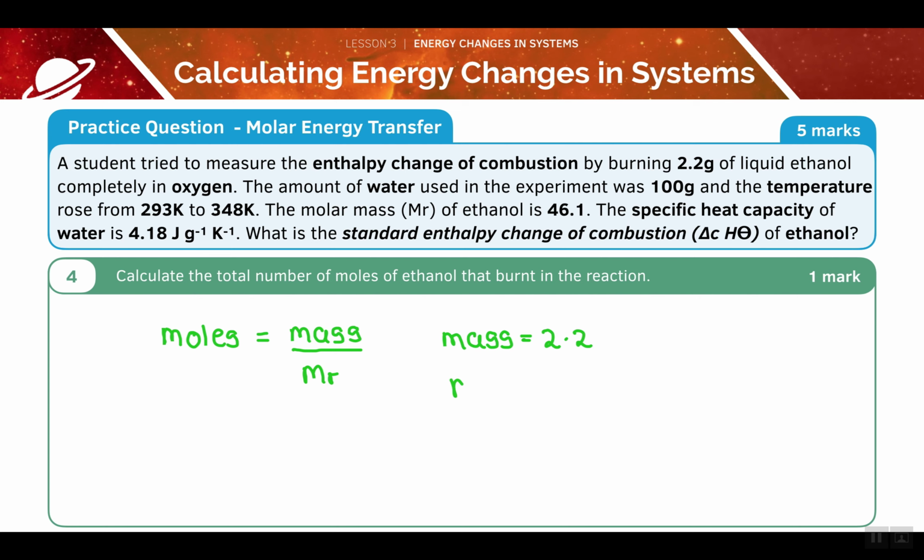We can work out our Mr, and that will come to 46.1. And therefore the number of moles is going to be 2.2 divided by 46.1. This gives us an answer of 0.04772.